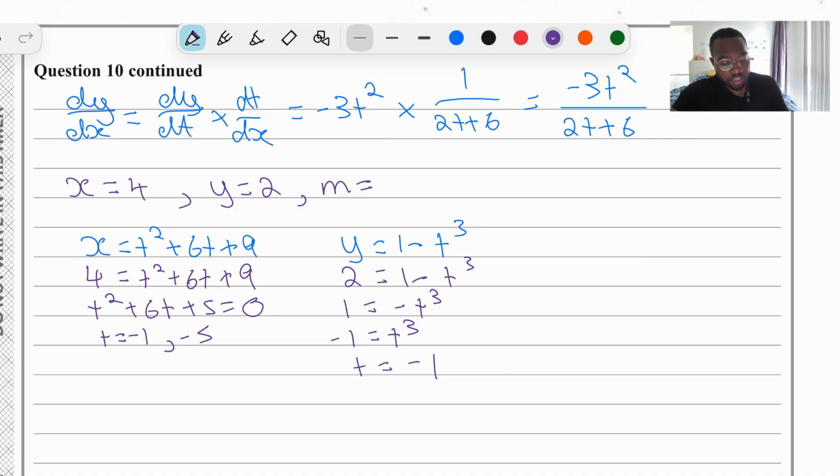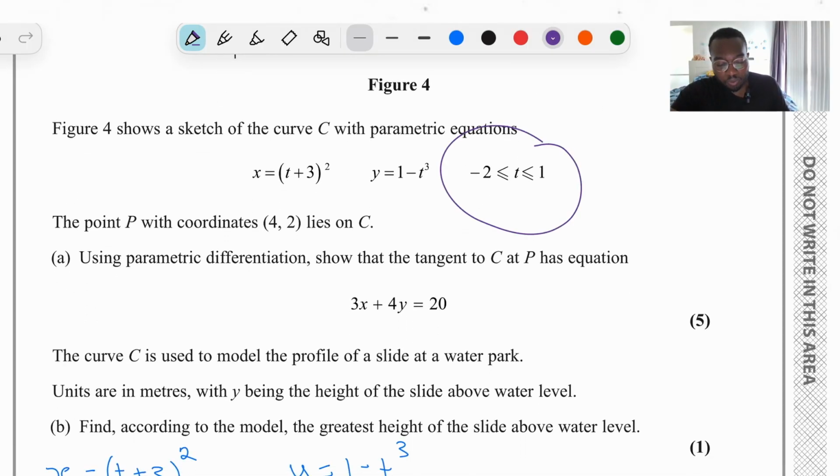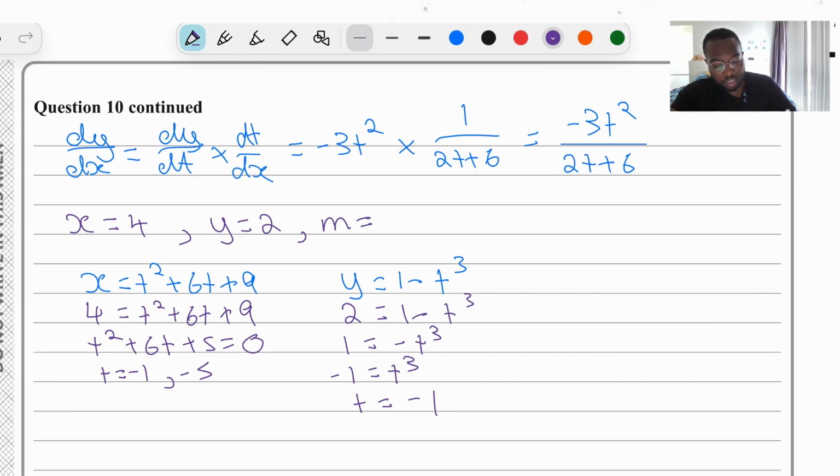You may think, oh my god, I get two values, why don't I get one? But remember, there are limits in this question. Because it has to be between minus 2 and 1, we just disregard this value here, and we're still left with minus 1. So you can do it either way. But yeah, t is minus 1.